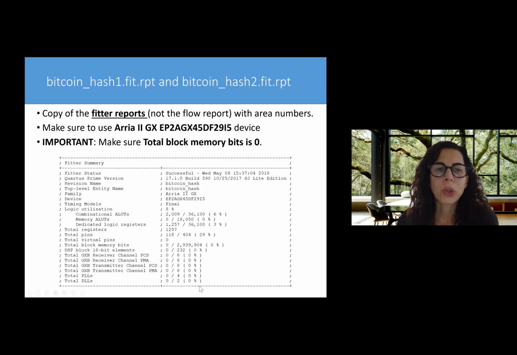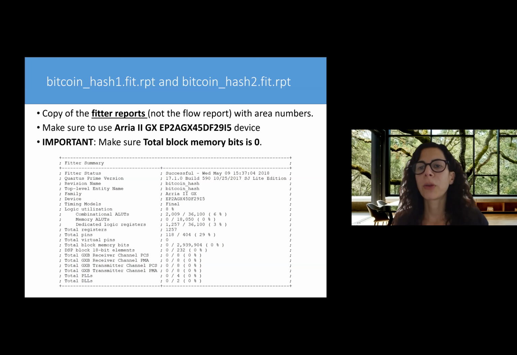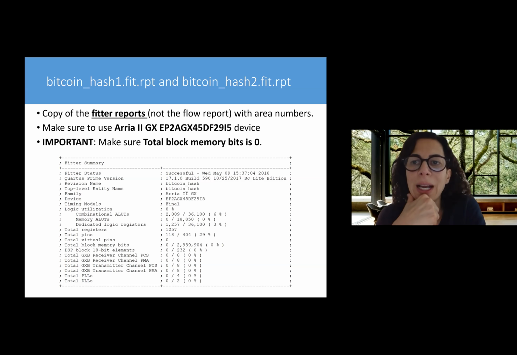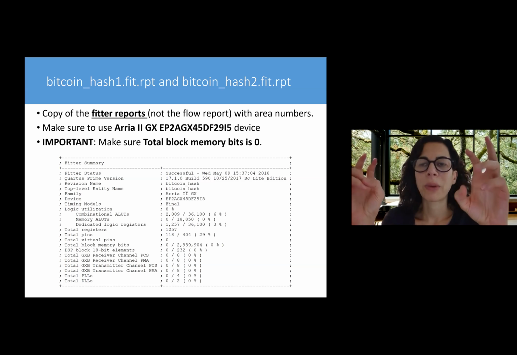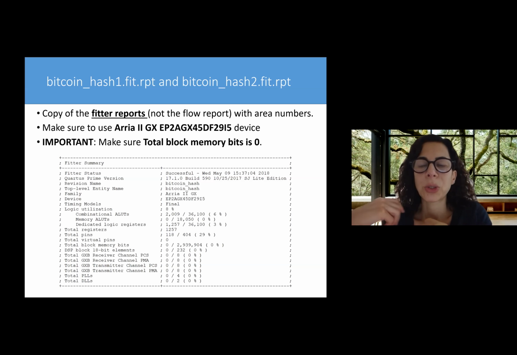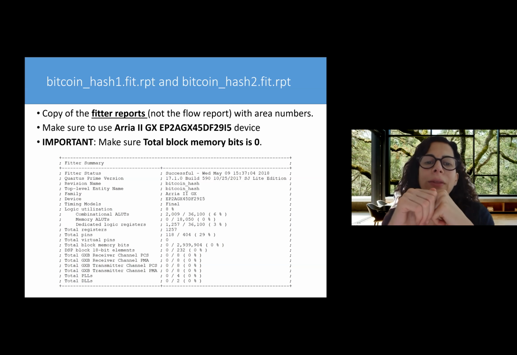Now, we need to also have some report about how this fits within your device. And again, this is a virtual simulation. This is not an actual device, but you need to make sure, because we are synthesizing it into a hypothetically simulated device, that you select the right device for your compilation, and make sure that the total block memory bits is 0 when you're doing this.